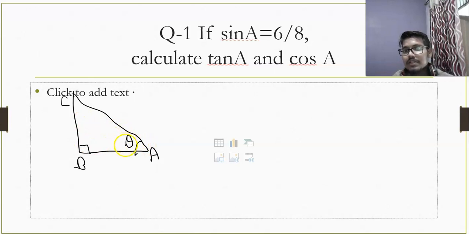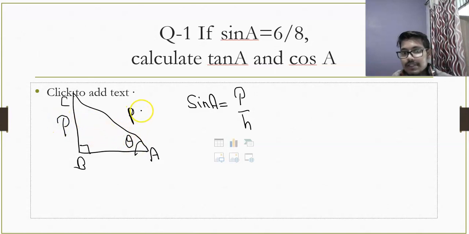So from here, sin A equals 6 upon 8. We have already learned that sin A or sin theta equals perpendicular upon hypotenuse. Here the perpendicular is BC, and the hypotenuse is AC, and AB is the base.